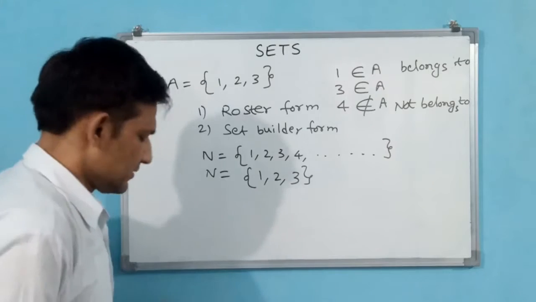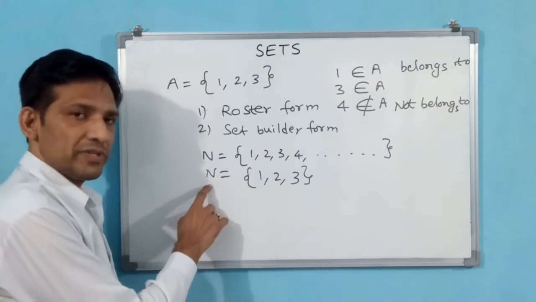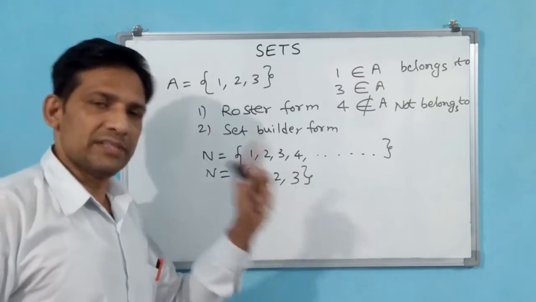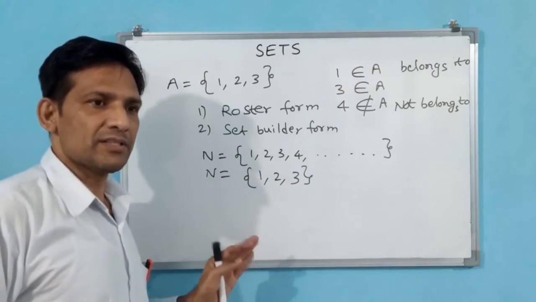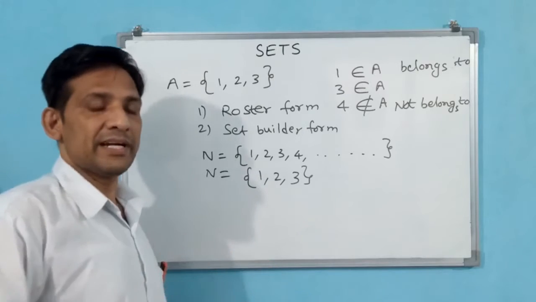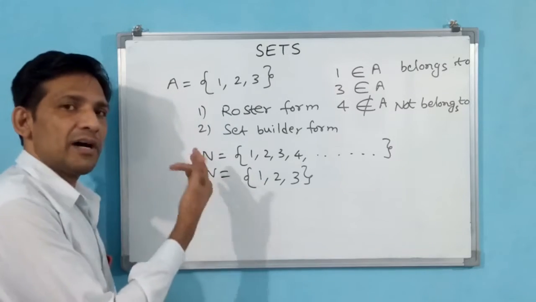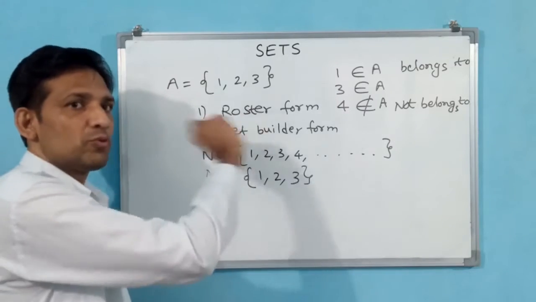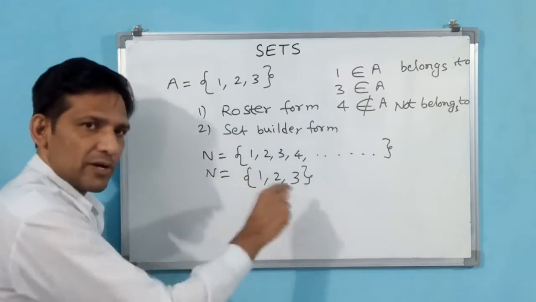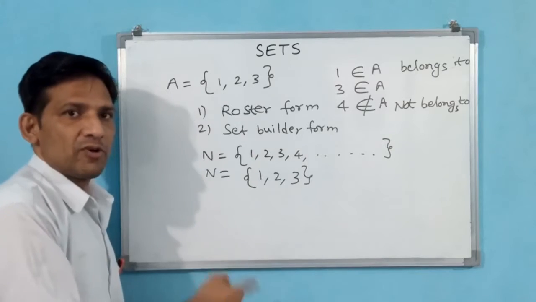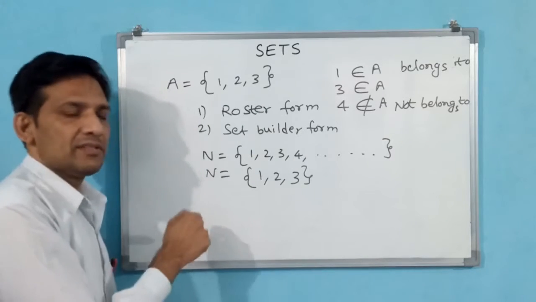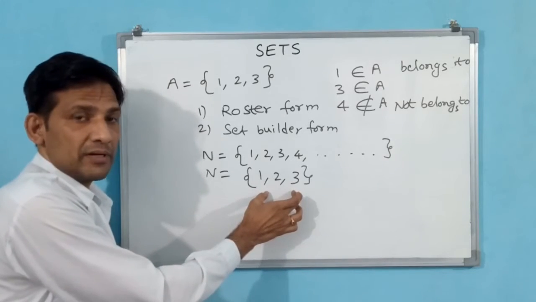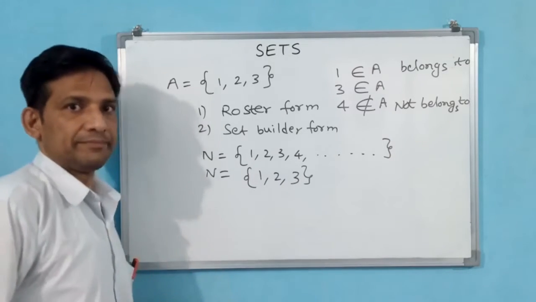This is the set. Every time shall we show it with N only? No, not required. If the examiner asks in the question, then we write with N. If the examiner doesn't ask specifically for N, then you can keep N or A or B or C, whatever it may be. If the examiner has given 2, 3 questions, part 1, part 2, part 3, A, B, C, then you have to apply C for this set.